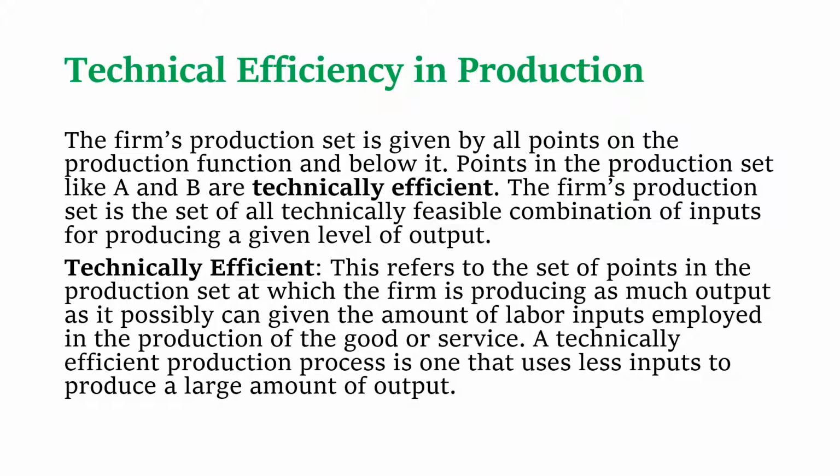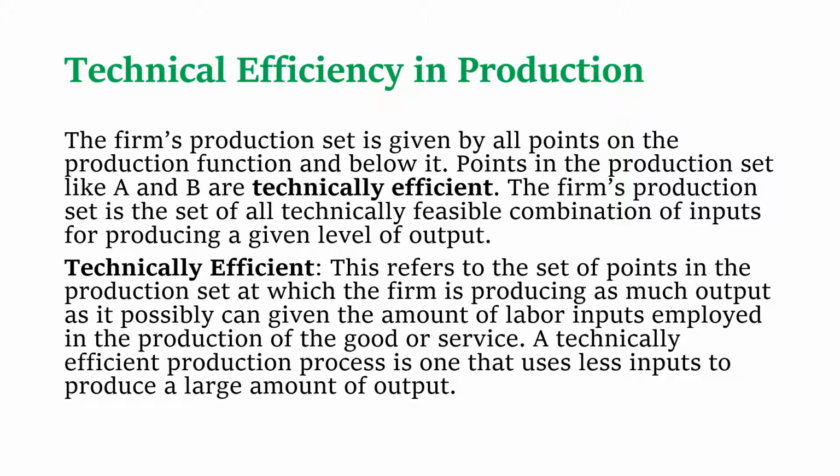So, as we see on the previous slide, at points A and B, the producer produces the maximum level of output by using a smaller amount of inputs to produce that volume of output.